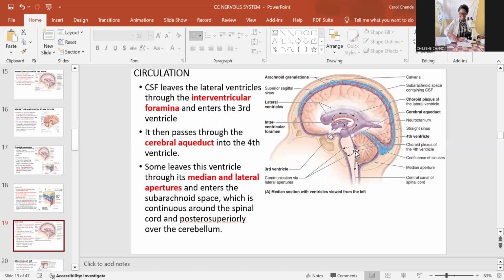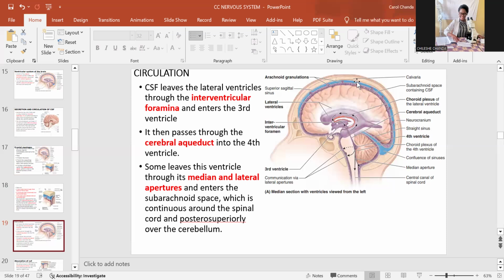So, for example, we have these apertures here, the lateral apertures on the sides of the fourth ventricle. And so this cerebrospinal fluid will move from there and come into the subarachnoid space and also go all the way in the subarachnoid space of the spine and circulates nicely.